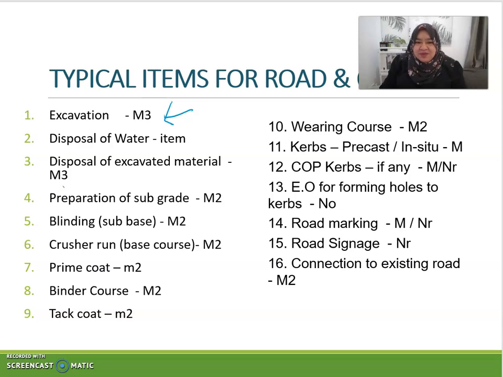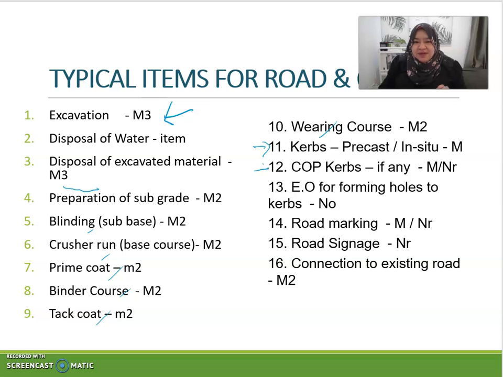And then we start with the road preparation, with the preparation of subgrade, blinding, crusher run, prime coat, binder coat, tack coat, wearing coat, and item for curbs if you have any curbs. It's normally precast, but some projects are using in situ curbs.